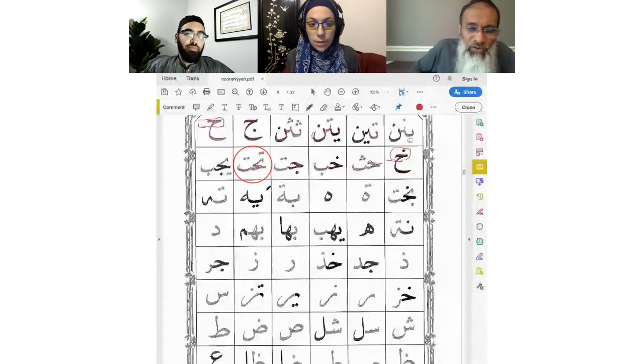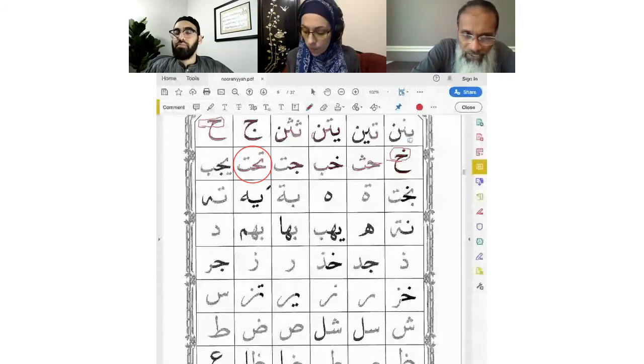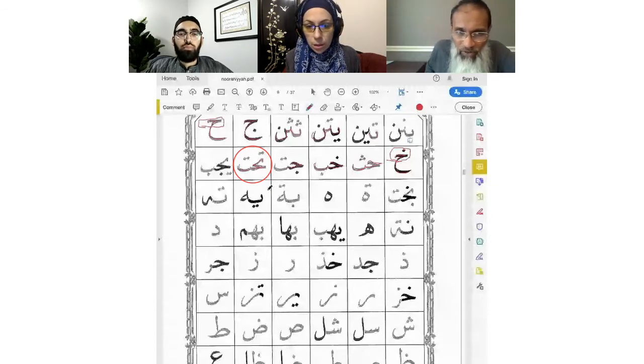You had mentioned in an earlier class about the cut off piece, and I was trying to remember that. Yeah. So when it's on top, we start with whatever letter is on top. This line on top represents a letter, and the way we know the letter is by the dots.